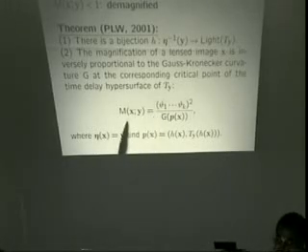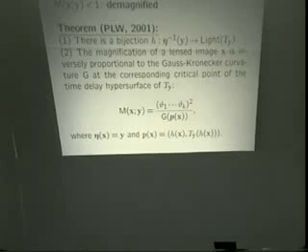It will end up putting upper bounds on the Gauss-Kronecker curvature in that hypersurface. And here's the exact relationship. The magnification of a lensed image is inversely proportional to the Gauss-Kronecker curvature at the corresponding critical point of the time delay hypersurface. Here's the magnification, there's the Gauss-Kronecker curvature.